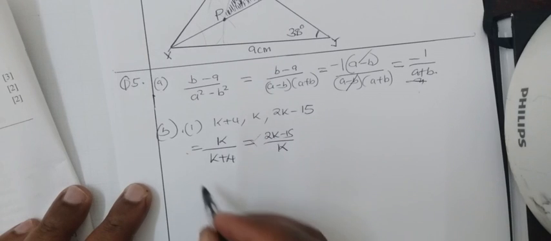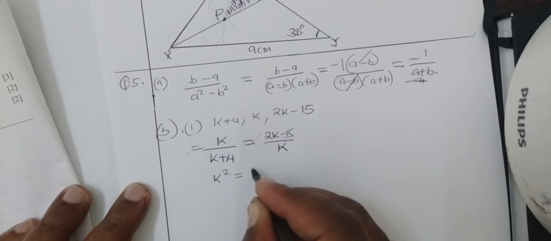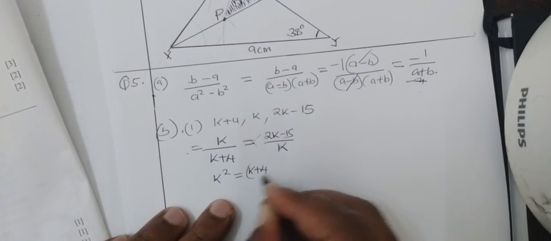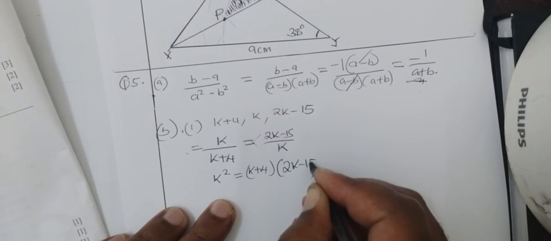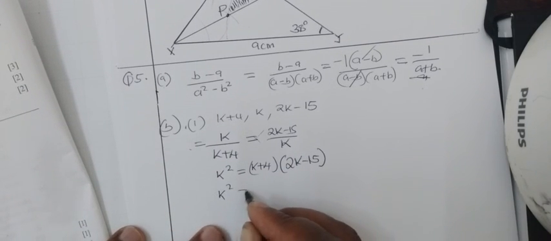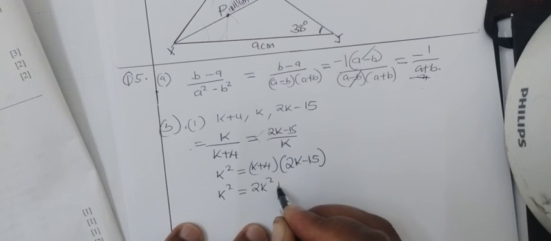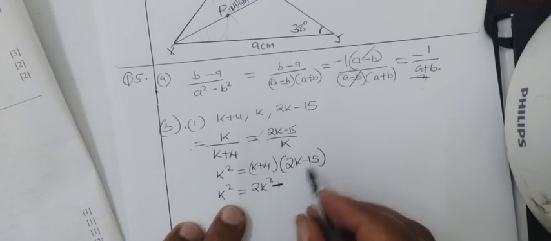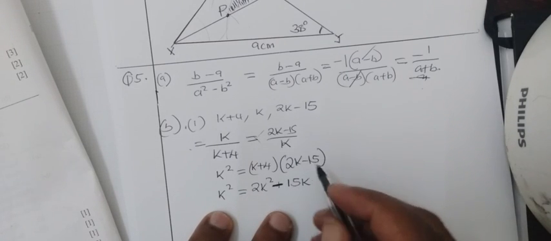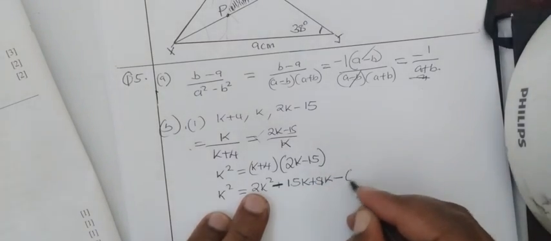We cross multiply, alright? So we are going to say k squared is equal to this times that, so you say k plus 4 times 2k minus 15. Okay? So k squared is equal to k times 2k, which is 2k squared, minus, take note this is minus, k times 15 is 15k. Then 4 by 2k gives plus 8k, minus 4 by 15 is 60.